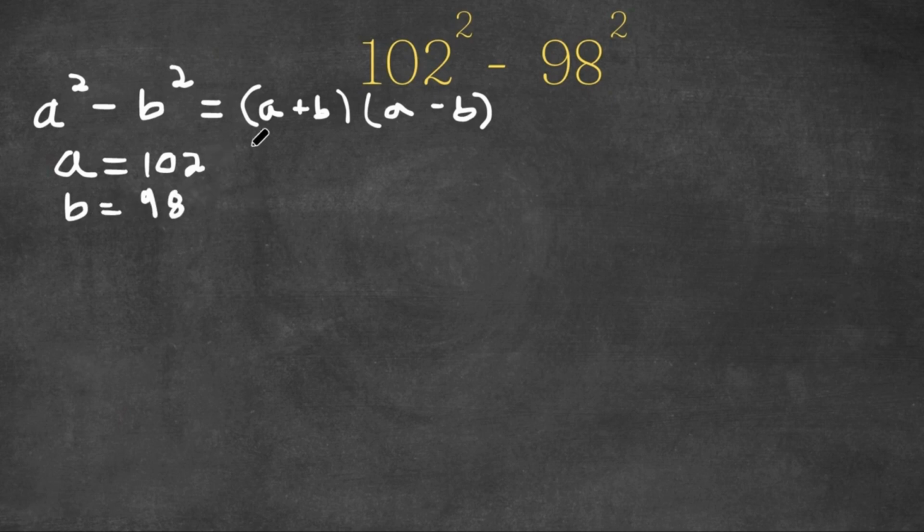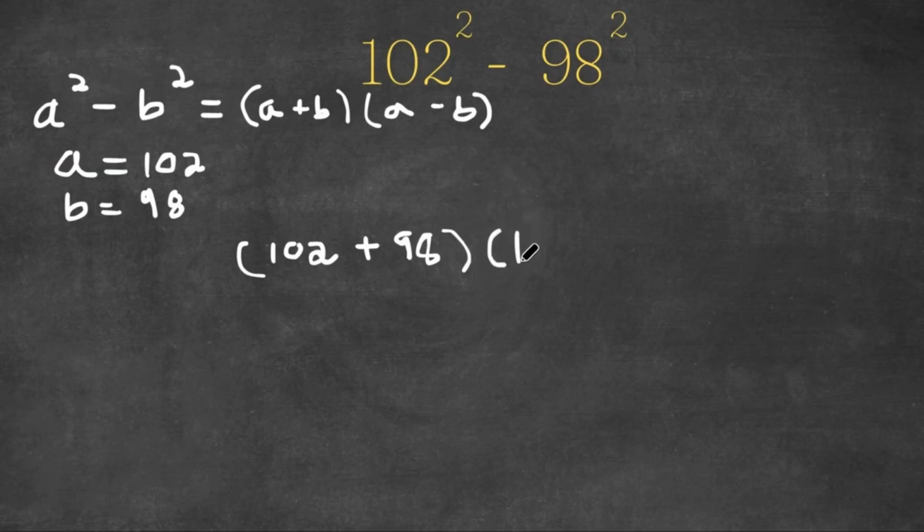So now all we have to do is plug in the values of a and b into this form and then solve. So a is 102, so this would equal 102 plus b is 98, so plus 98, times 102 minus b is 98.